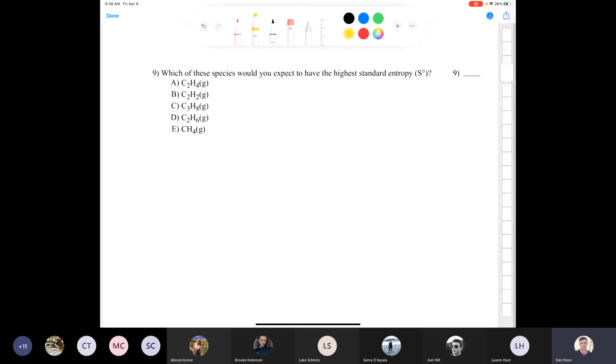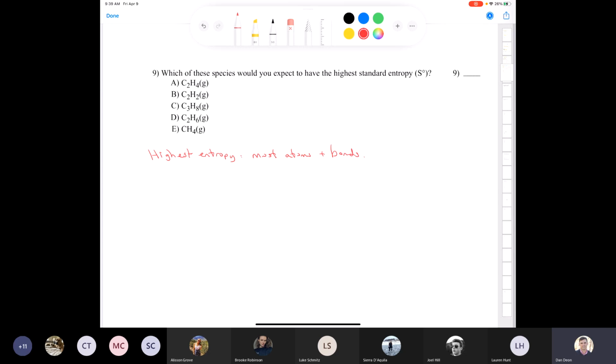Next one, we're just going to take a look at these compounds and determine which one has the highest standard entropy. Remember that even though each one of these is composed of just carbon and hydrogen, these are all what we call hydrocarbons. The one with the highest entropy is going to be the one with the most atoms and bonds.